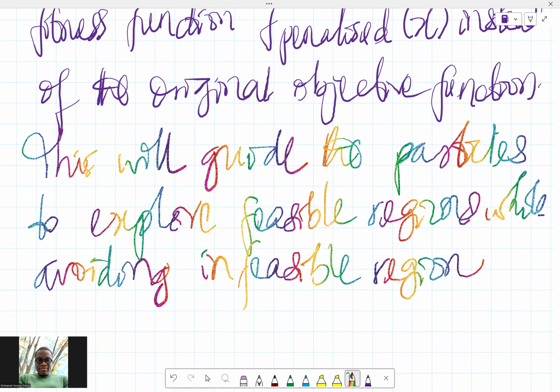So basically, the idea here is that the penalty parameter is there so if you are going to stray, you are going to pay so much for that. As a result of that, the particles stay within their space.